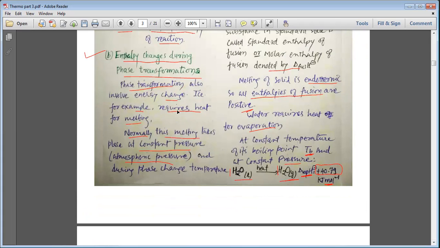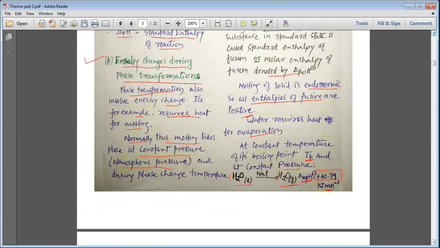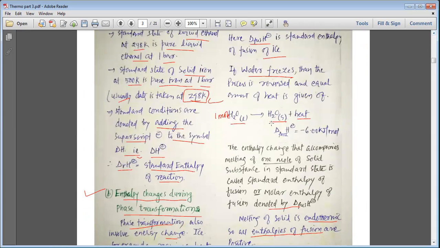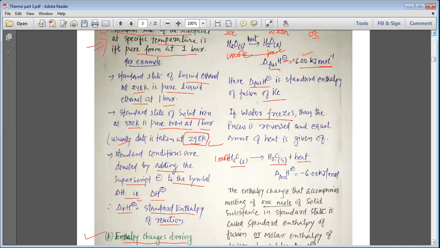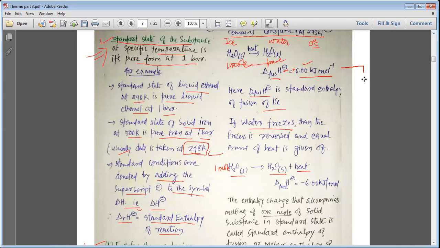So enthalpy change accompanies the phase transformation. Either it is the enthalpy of fusion or the enthalpy of freezing. We have seen that fusion and freezing are opposite processes. So when we invert the process, the value remains the same, but the sign changes. The enthalpy of fusion for 1 mole of water is 6 kilojoule per mole, but the enthalpy of freezing for 1 mole of water is minus 6 kilojoule per mole.